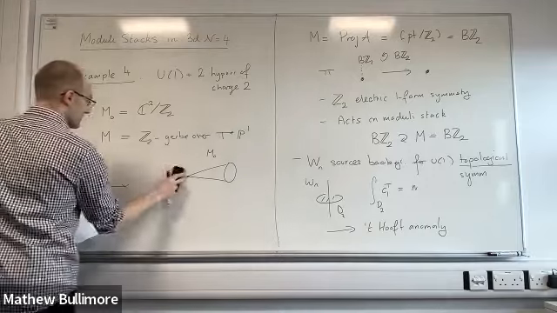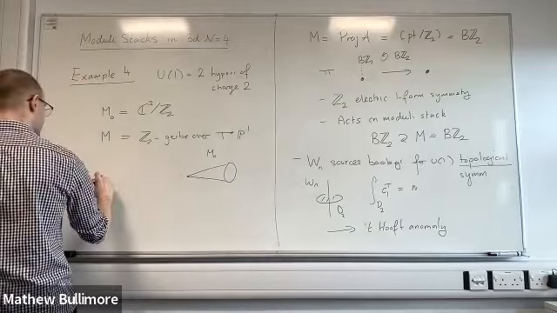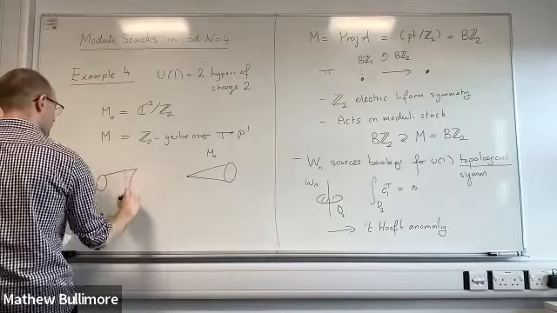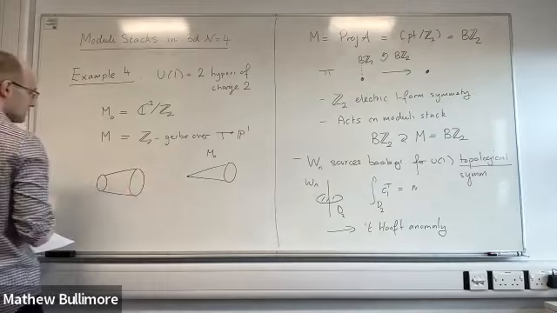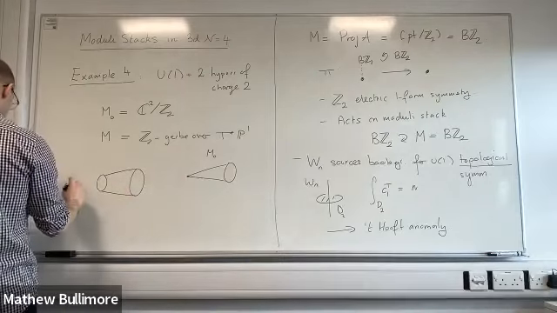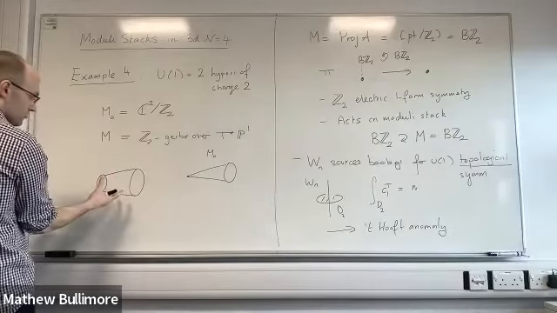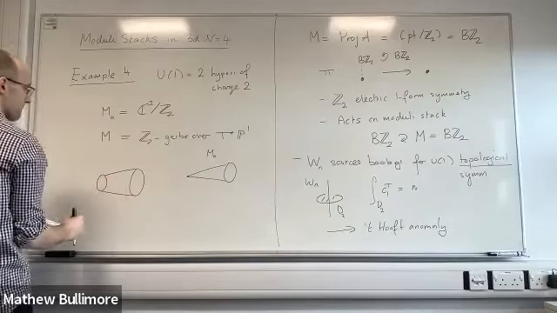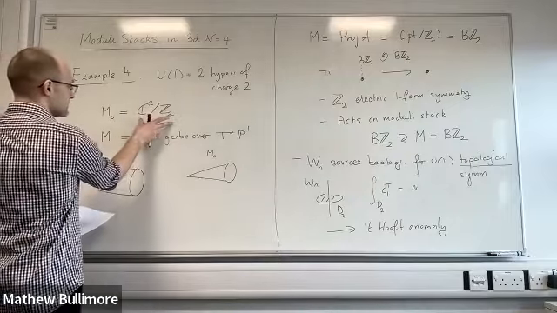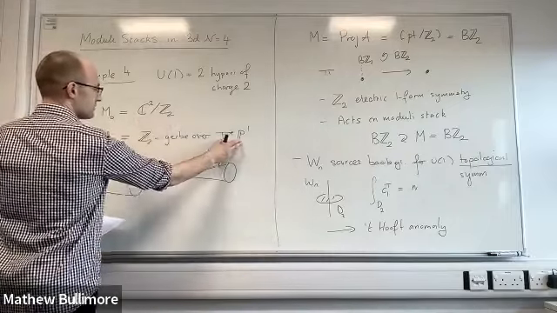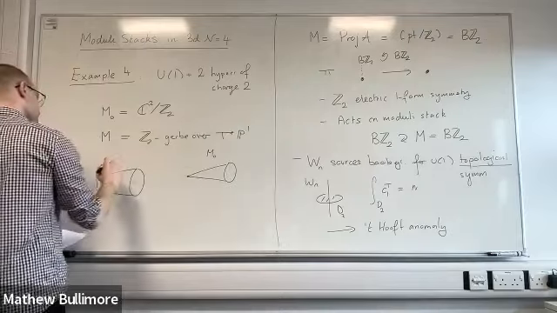I'll draw this a bit bigger, just to give me a bit more room. One is that I resolve the singularity in an ordinary sense. That replaces C2 mod Z2 by its resolution, T star of P1.